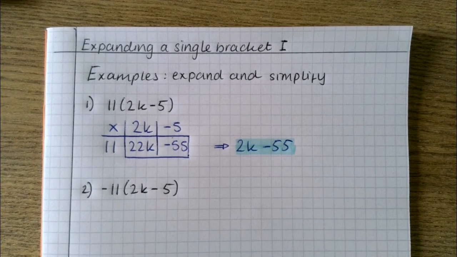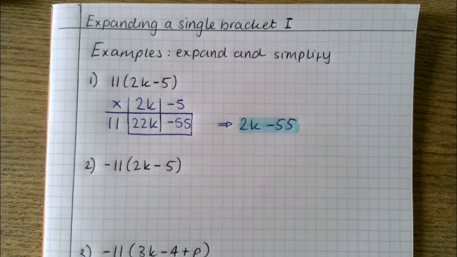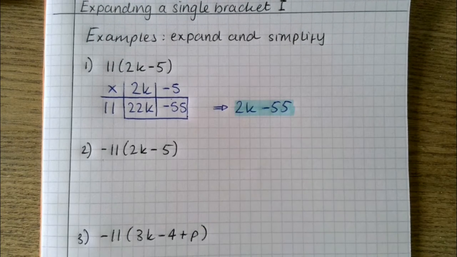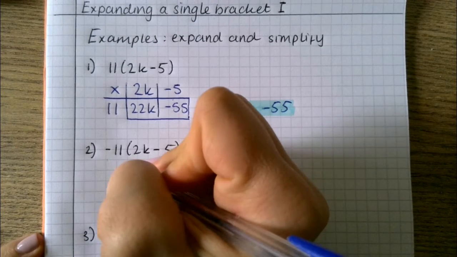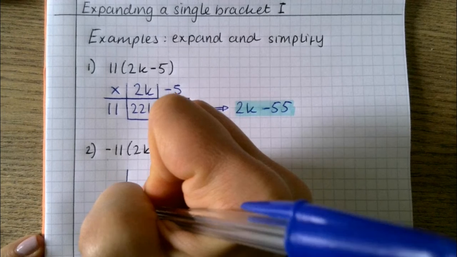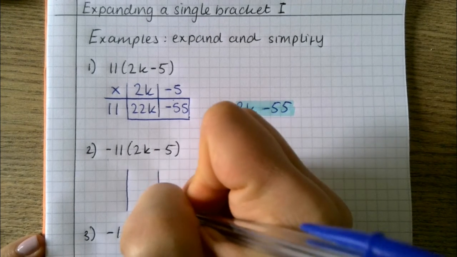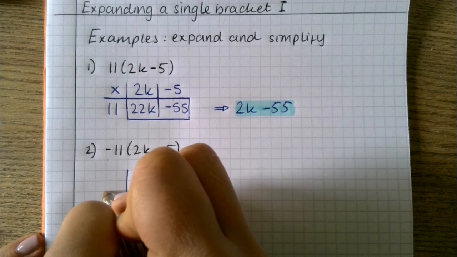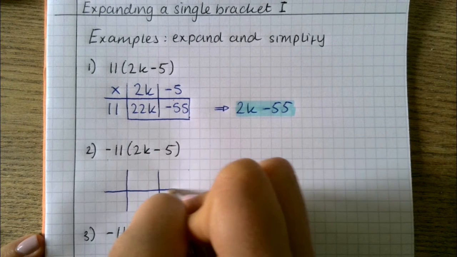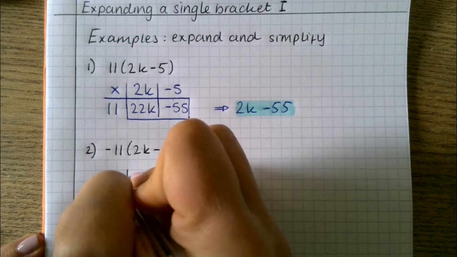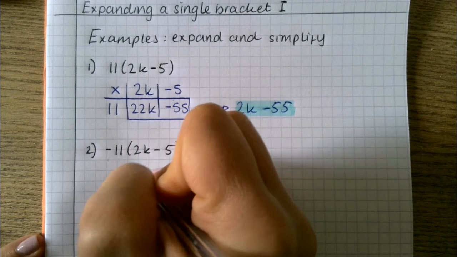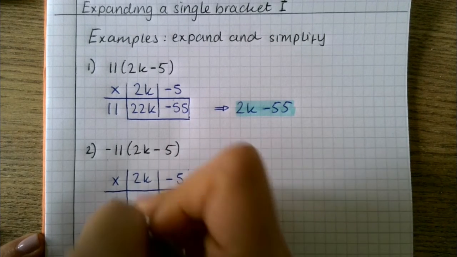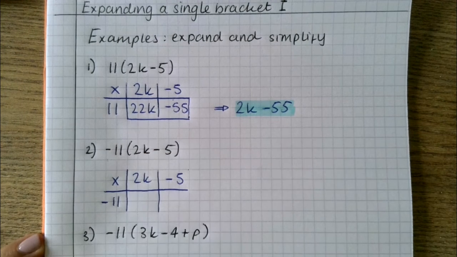The next example is pretty much the same, except you will notice that I've got negative 11 here. So we're going to use the grid method again. And I'm multiplying 2k subtract 5, so that's what's inside my bracket, by negative 11.